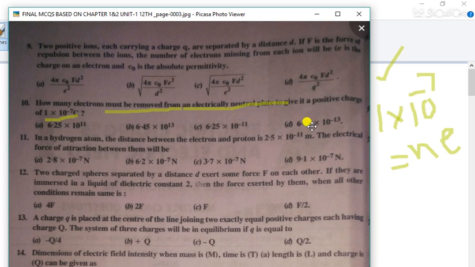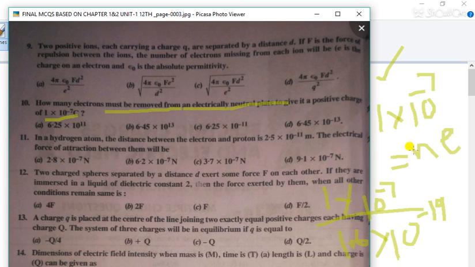Its answer will be about 6.25 into, let's check. If I solve 1 into 10 raised to the power minus 7 by 1.6 into 10 raised to the power minus 19.